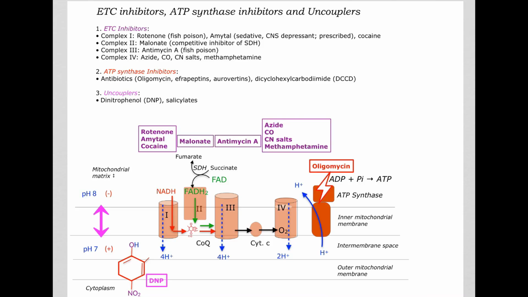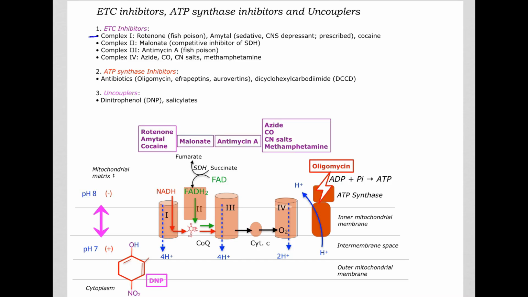Remember that complex 1, 2, 3, 4, as well as ATP synthase, are all enzymes, therefore they can be inhibited by chemicals. Here are a few examples of these chemicals that can inhibit electron transport chain oxidative phosphorylation.